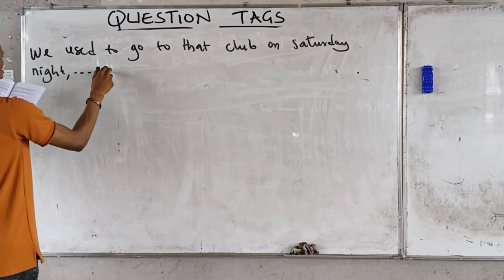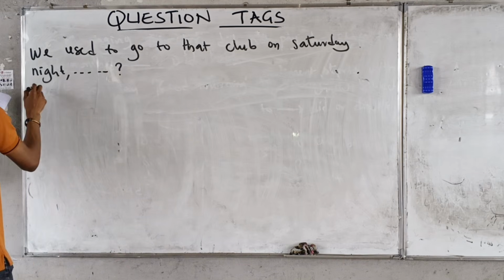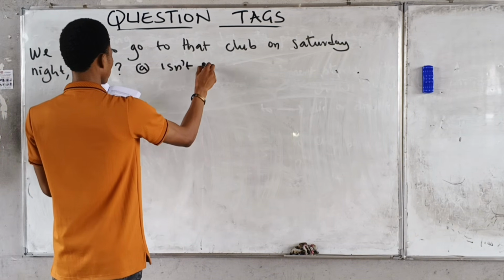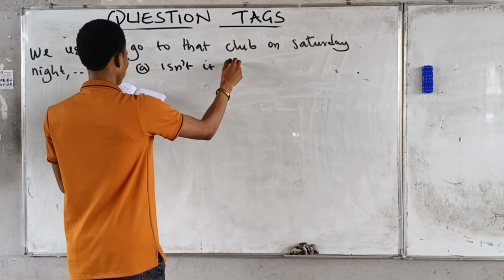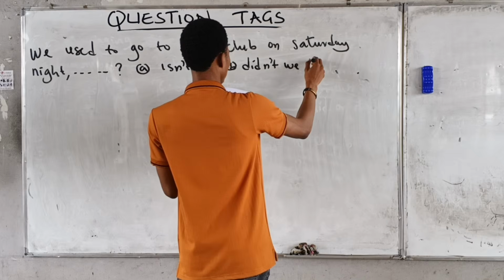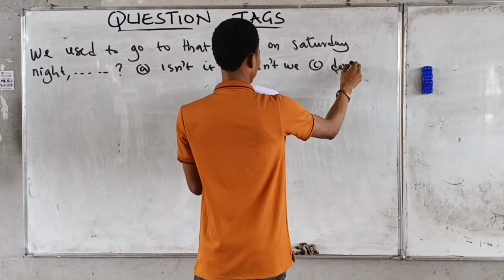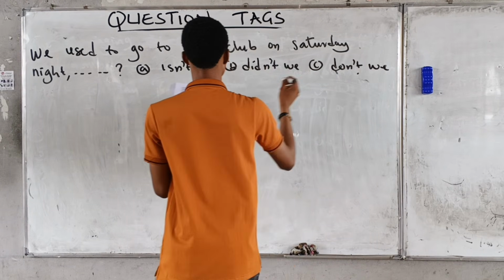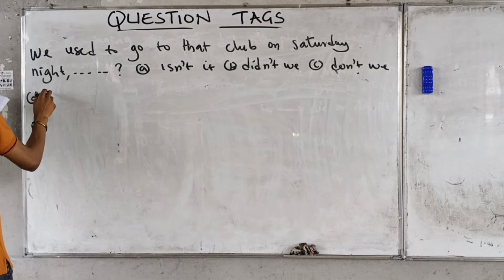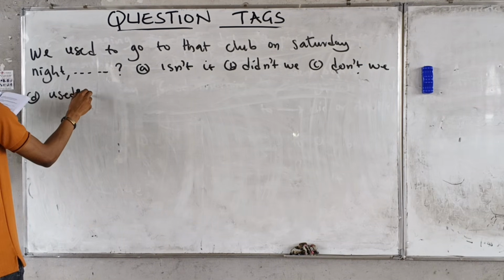Night. A. Isn't it? B. Didn't we? C. Don't we? D. Used we not?